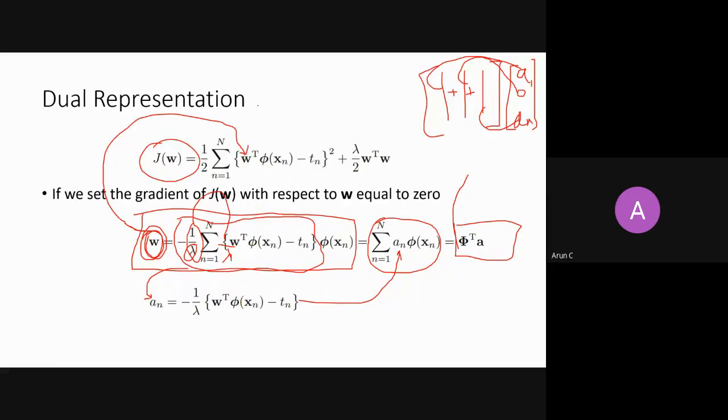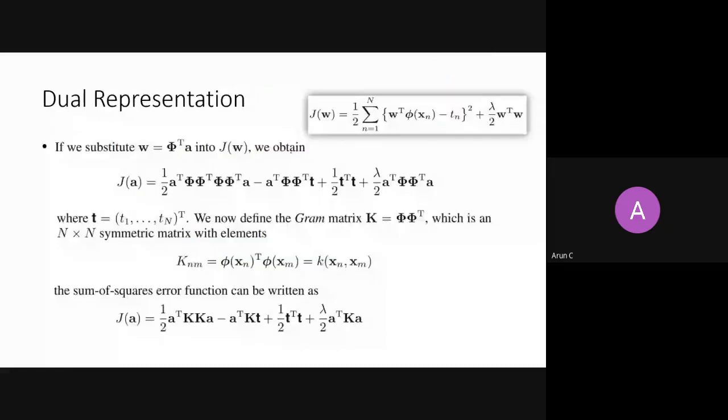Here W is now represented as phi transpose A. So wherever you have W, you replace it by phi transpose A, phi transpose A whole transpose, and then phi transpose A. If you simplify it, you will get this expression.